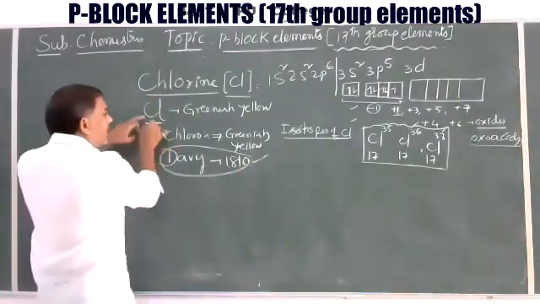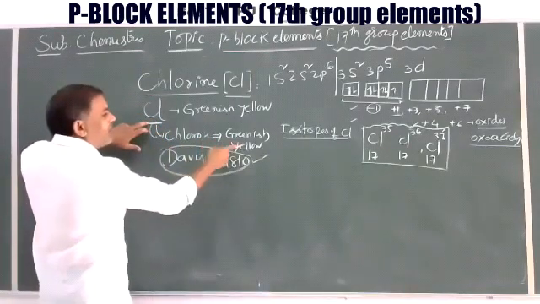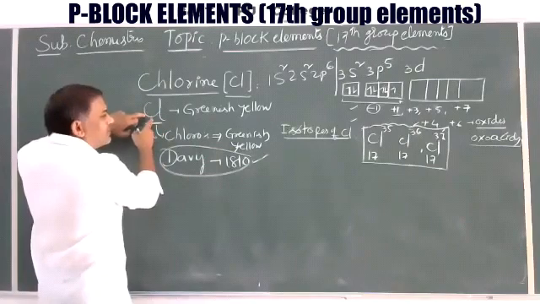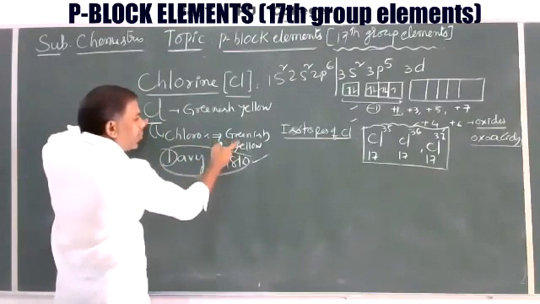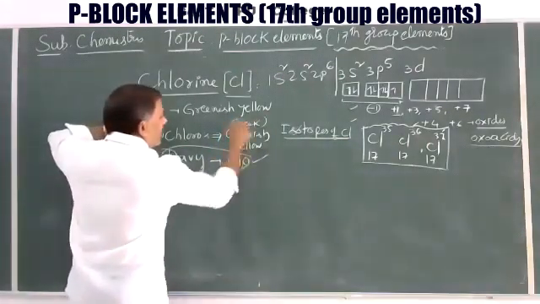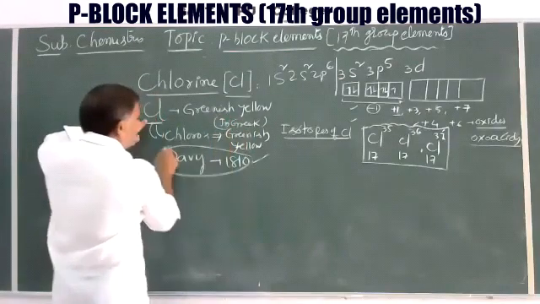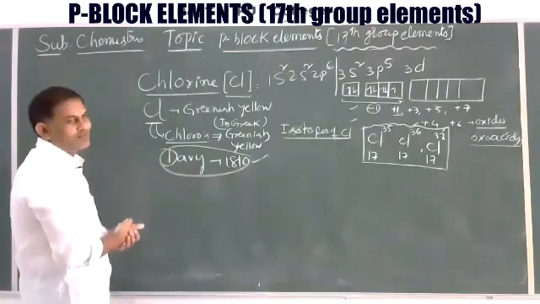Why is Cl named chlorine? Because on the basis of certain experiments, due to the presence of this element in a gaseous state, it exhibits a greenish yellow color. In Greek, greenish yellow is chloros. That's why its name is chlorine.